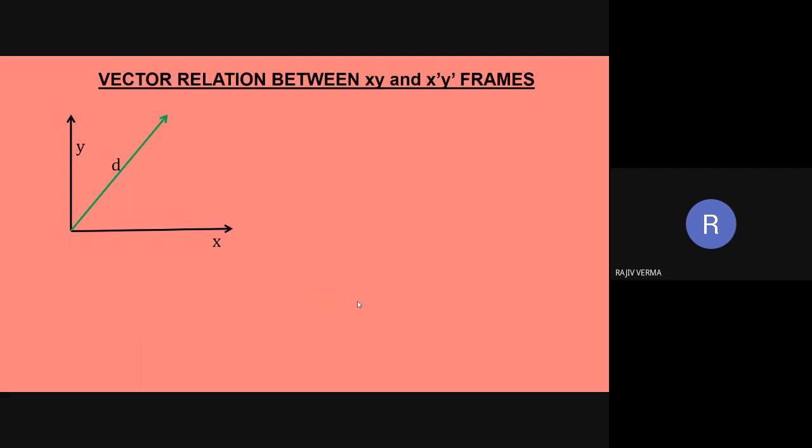This is vector d, and obviously in this particular coordinate frame, the vector d is going to be represented as ui plus vj, where obviously i and j represent the unit vectors along the x and the y direction.